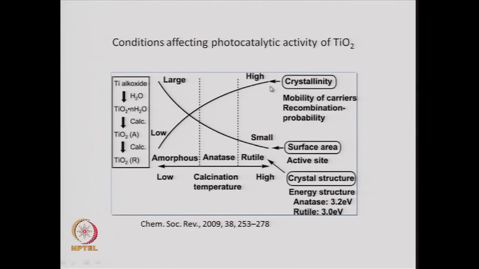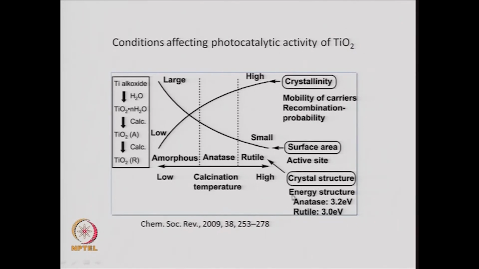In crystallinity, you get very high crystallinity at high temperatures, and in the rutile form you will get this high crystallinity. In the anatase form, somewhere in the middle, you have reasonable crystallinity and reasonable surface area, whereas in the rutile form you have high crystallinity and small surface area.